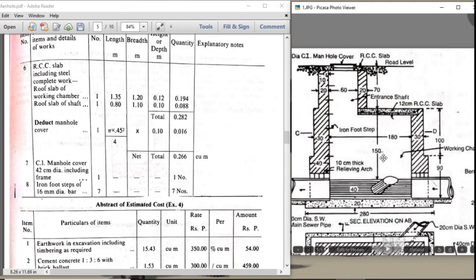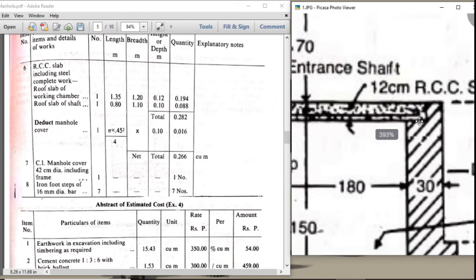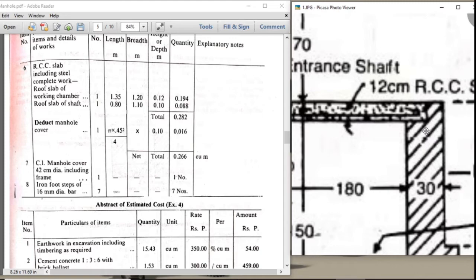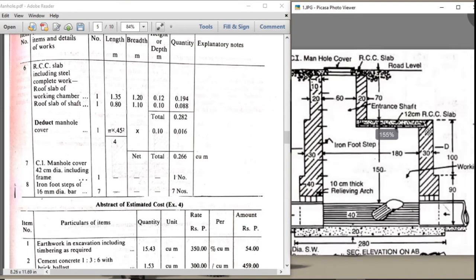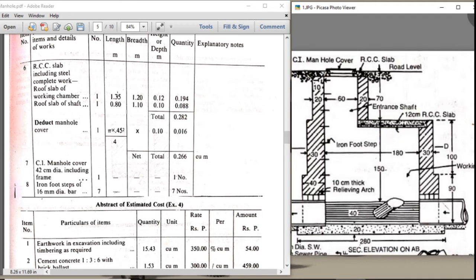So 120 plus, we can see it has gone inside the wall, that is up to 15 centimeter, that is 30 by 2. So 120 plus 15, we will get 135, that is 1.35.